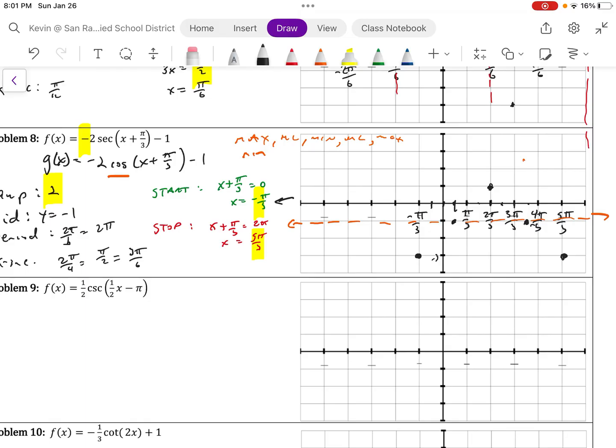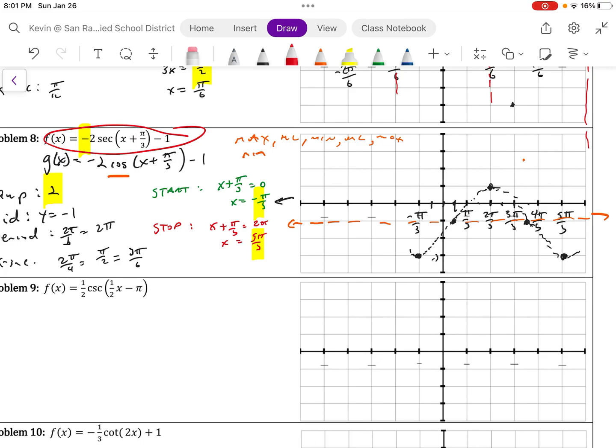And then I'm coming down here, 1 pi over 6, 2 pi over 6, 3 pi over 6. So I'm here, and then I'm finishing up on 5 pi over 3. It's a little tough to find those numbers. And then I'm going to just do a dotted line. And that's my cosine.